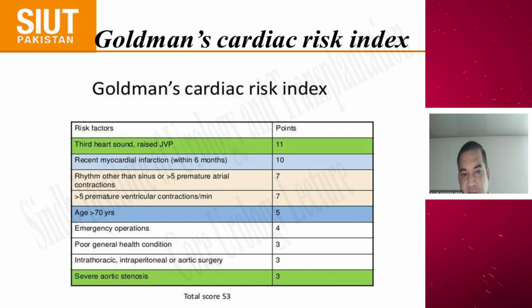Risk factors: third heart sound or jugular venous distension, 11 points; recent MI within 6 months, 10 points; rhythm other than sinus or premature atrial contractions, 7 points; greater than 5 premature ventricular contractions, 7 points; age greater than 70, 5 points; emergency operation, 4 points; poor general health condition, 3 points; intrathoracic, intraperitoneal, or aortic surgery, 3 points; aortic stenosis, 3 points. Total score is 53.